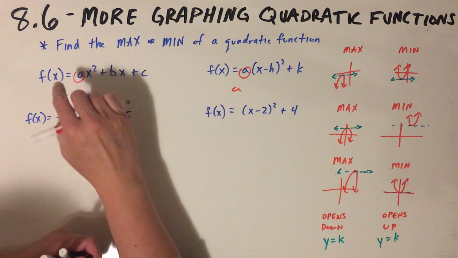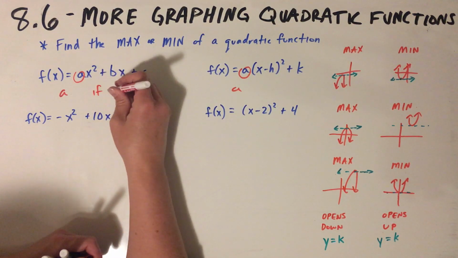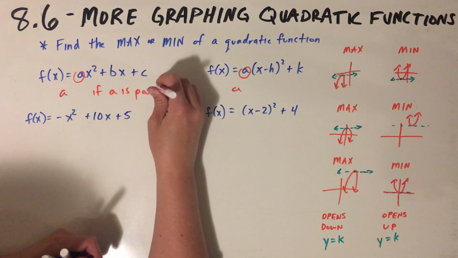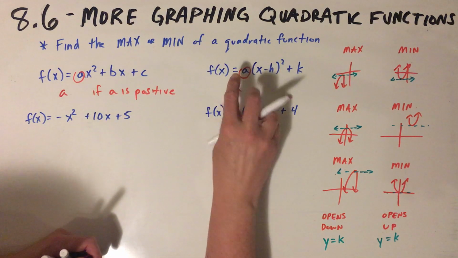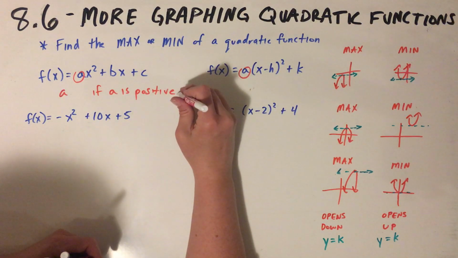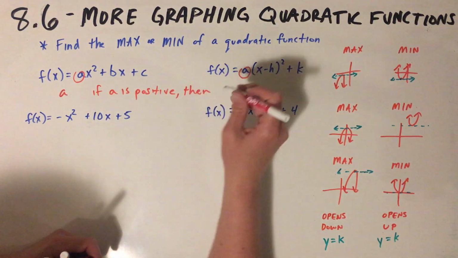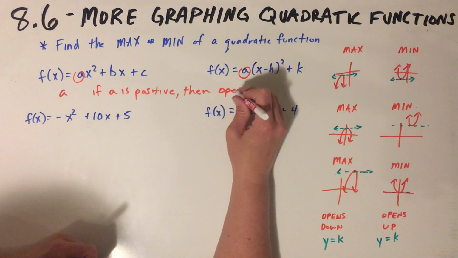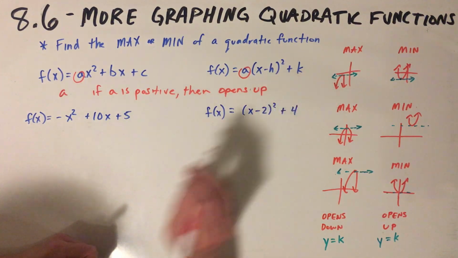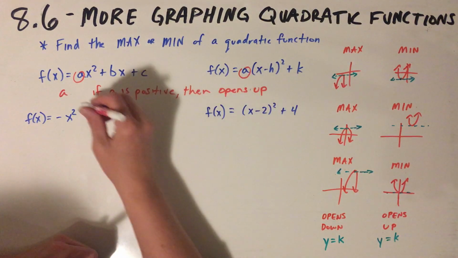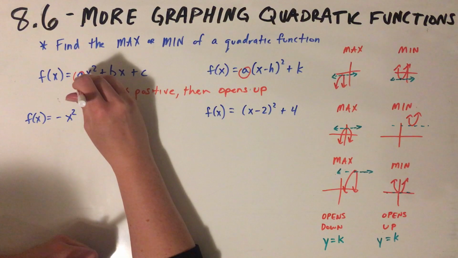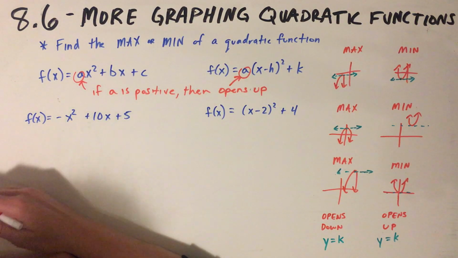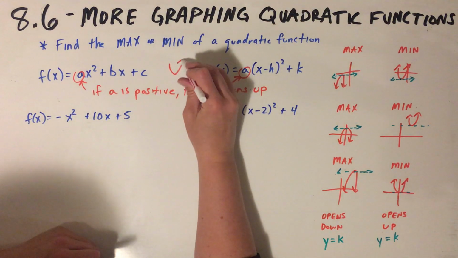We know that if a is positive, then the graph opens upward. So if the value of a is positive, regardless of which form it's in, then the parabola will open upward.